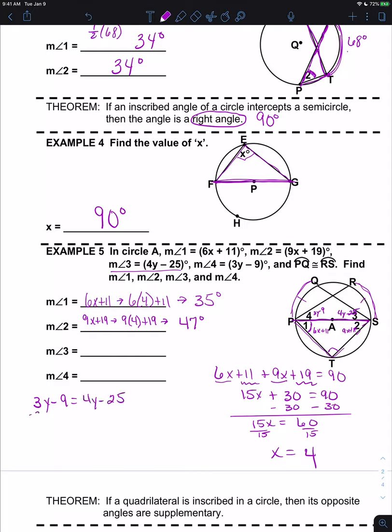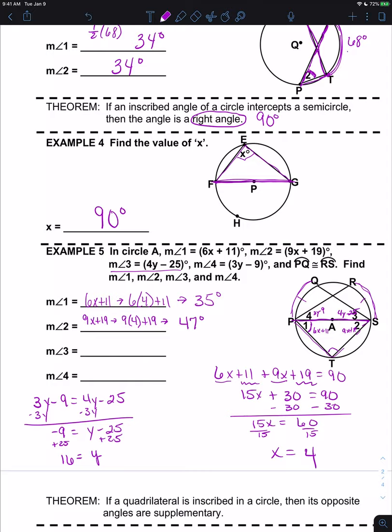Now let's just go solve for y. Subtract 3y from both sides, so negative 9 is equal to y minus 25. So now we'll add 25 to both sides. So y is 16. Okay, so remember we have to go fill it back in.